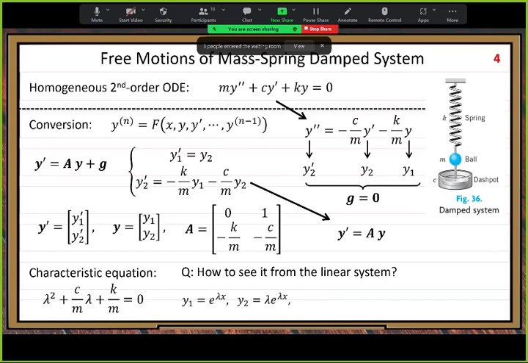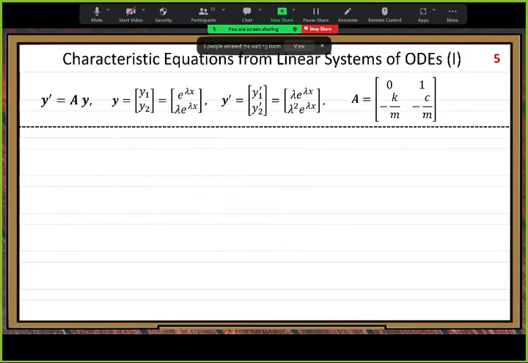We plug in and see what we can get. Here is the preparation. In the y vector, we put two possible solution formats, take a derivative, and apply derivatives on the individual functions inside the vector.